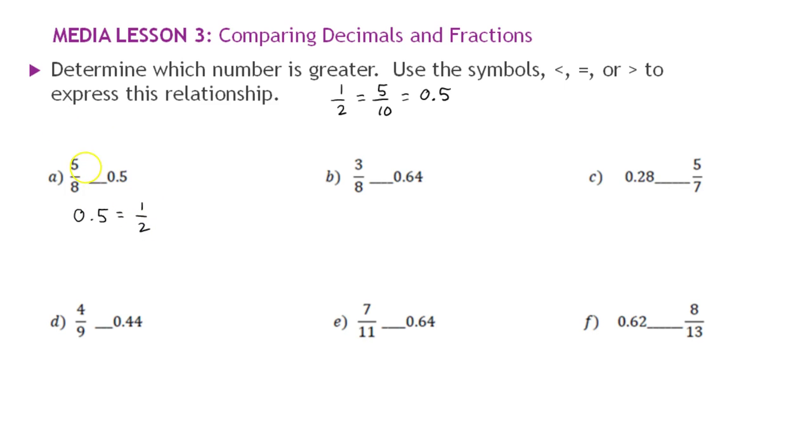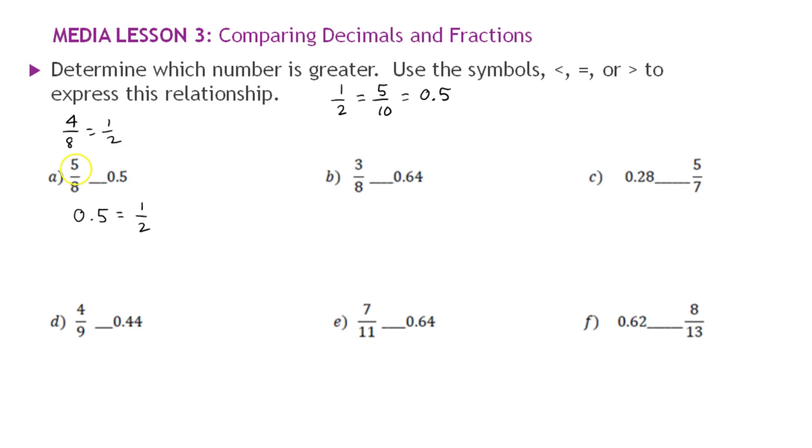Now let's compare 5/8 to 1/2 and see if we can use that relationship to compare these two numbers. To compare 5/8 to 1/2, remember we divided the denominator by 2, and we would get 4, so 4/8 equals 1/2.